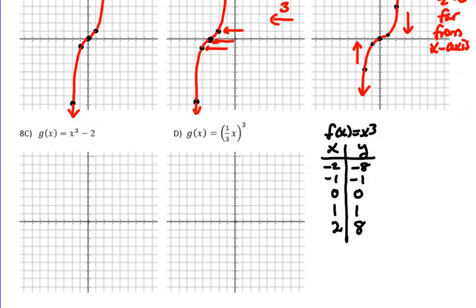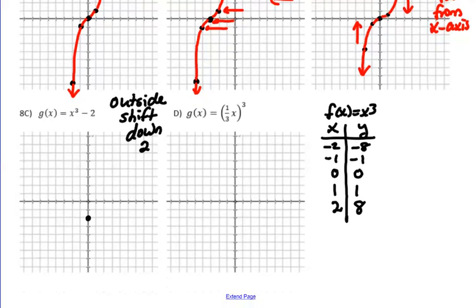This is also a change outside the function. You can clearly see it's outside the function, and it is subtracting. So it is a shift down 2. It's because it affects y. Since it's outside, it affects y. So it's shifting the whole graph down 2. So I take each one of my key points and move it down 2.